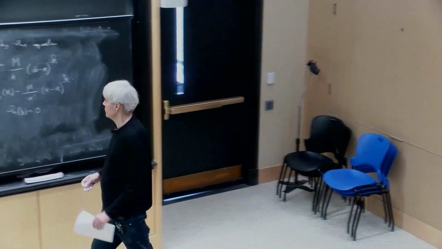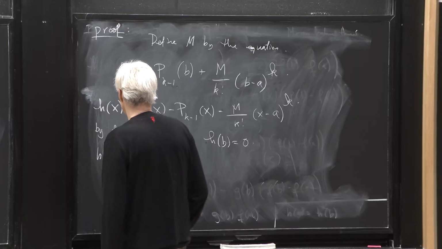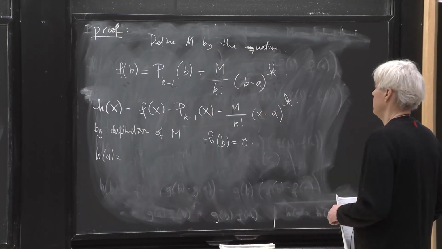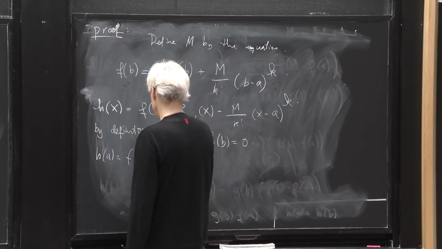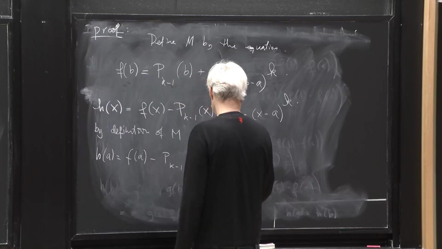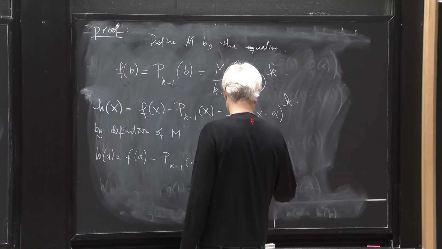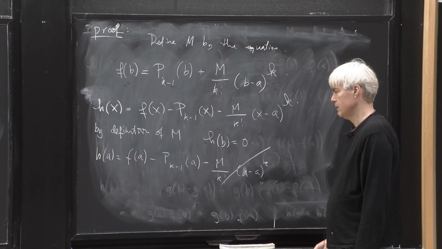Now, if you look at h of a, h of a is just f of a minus p k minus 1 of a minus m over k factorial times a minus a to the power k. This one here is clearly 0, a minus a is 0.